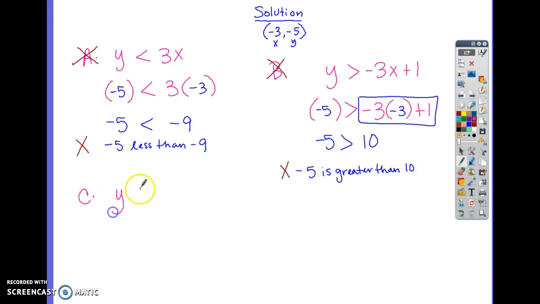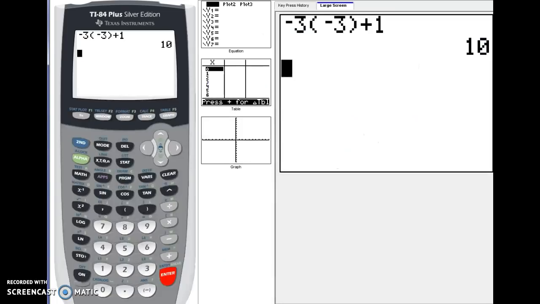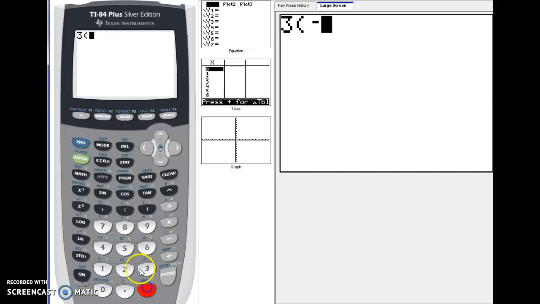Letter C. We have y less than 3x plus 5. Put parentheses around the y and parentheses around the x. And we're going to plug in our numbers. So my y is -5. My x is -3. This stays -5 less than, and then we put this in the calculator and see what it gives us. So now I have 3, parentheses, -3, close parentheses, plus 5, enter.